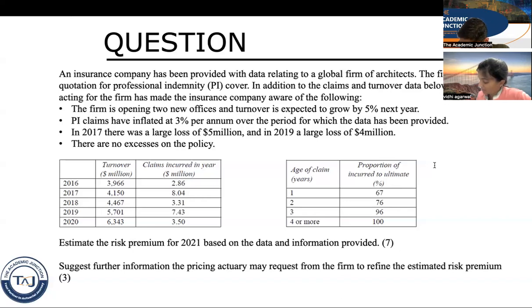The inflation in turnover, or whether it's changing or not changing. The probability of reopening of the claims, because it's a liability cover, so there are chances that the claims in the past could have reopened and that could have inflated the amounts. Very good. Any cat events, highly unlikely for this class, so may not fetch marks, I feel.